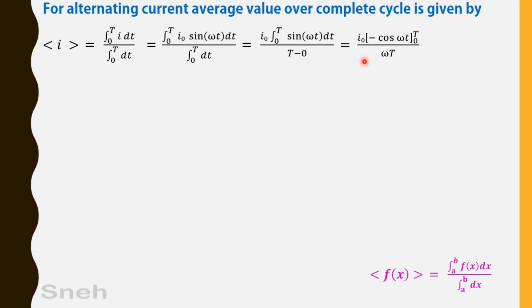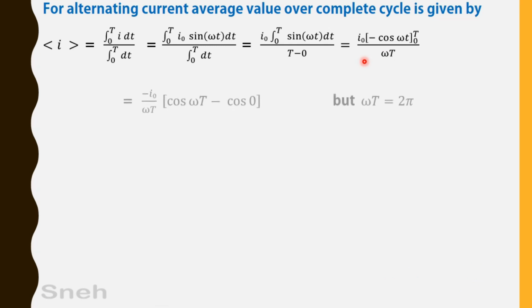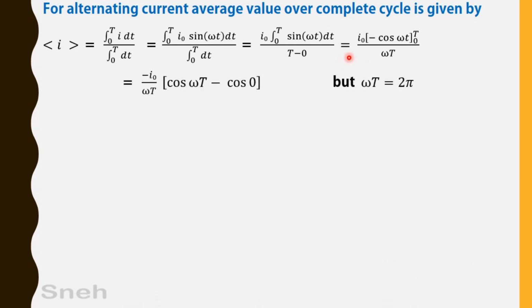If we simplify it further, I take the minus sign outside and get minus I0 divided by omega T, and here we substitute limits of integration: cos of omega T minus cos of 0, upper limit and lower limit.